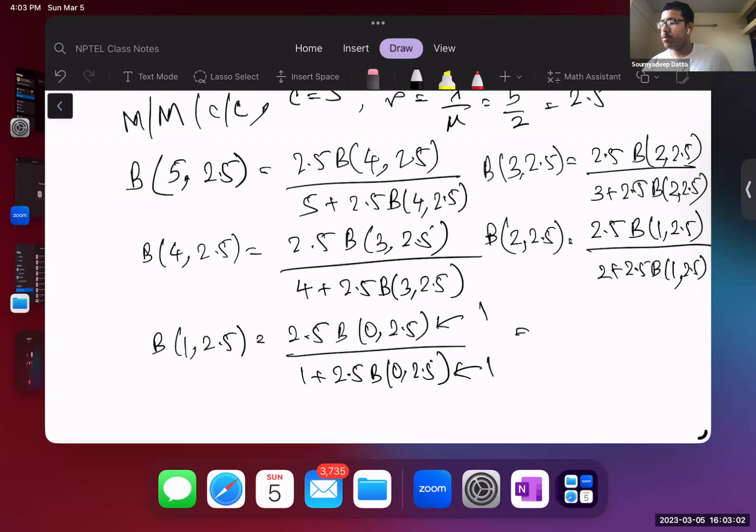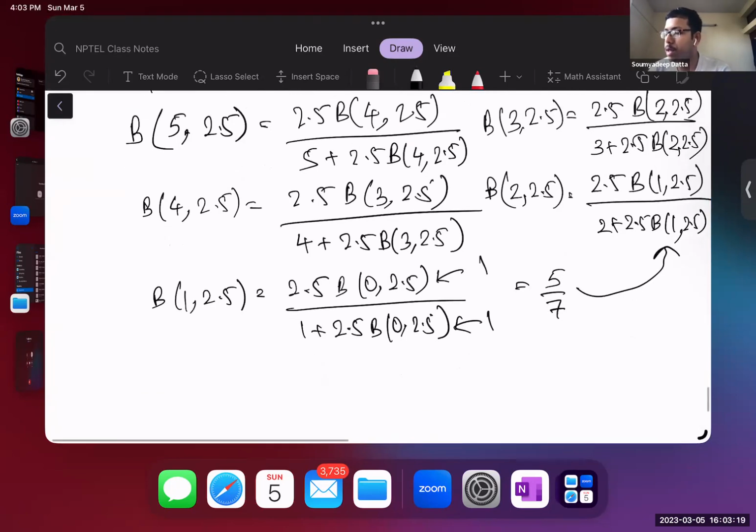So this comes out to be 2.5 divided by 3.5, so that's 5 by 7. And so then we can plug it into each step, and eventually we will get some value of B(5, 2.5).